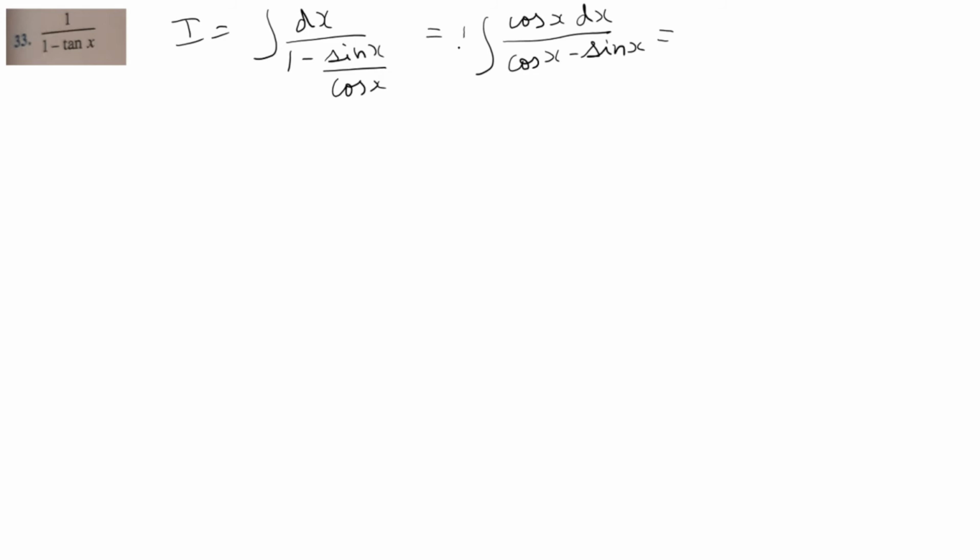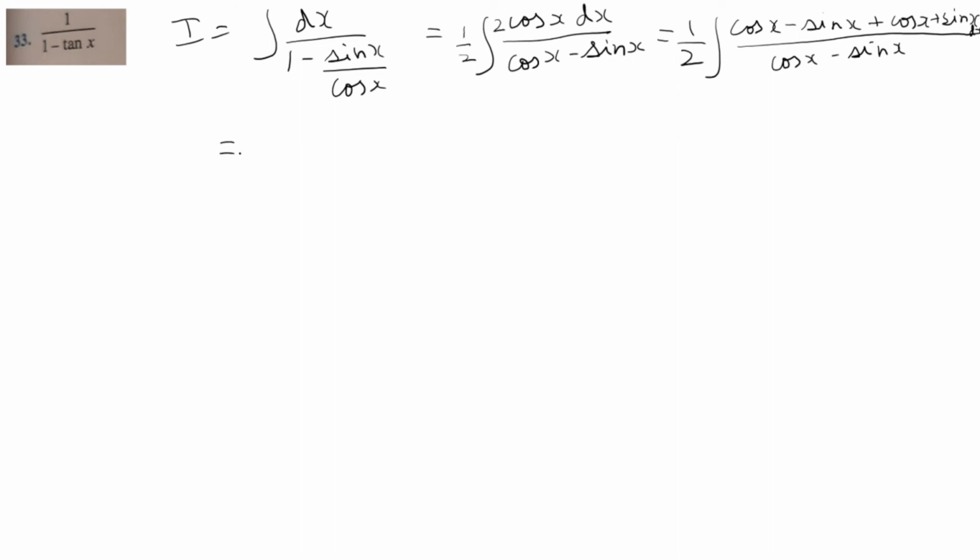So I can write this as half of integral 2 cos x dx, and I am adding and subtracting sin x inside. So this is equal to half integral cos x minus sin x plus cos x plus sin x divided by cos x minus sin x dx.